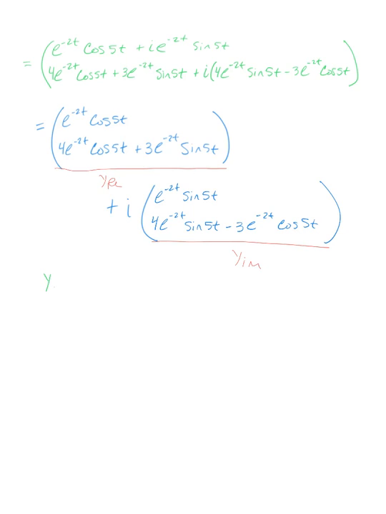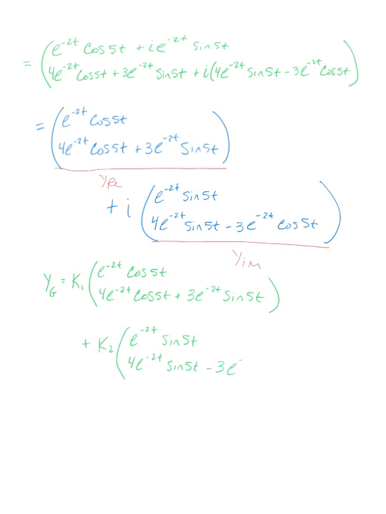And we say y general is k1 times this y real parenthesis... There we go. That's the general solution.